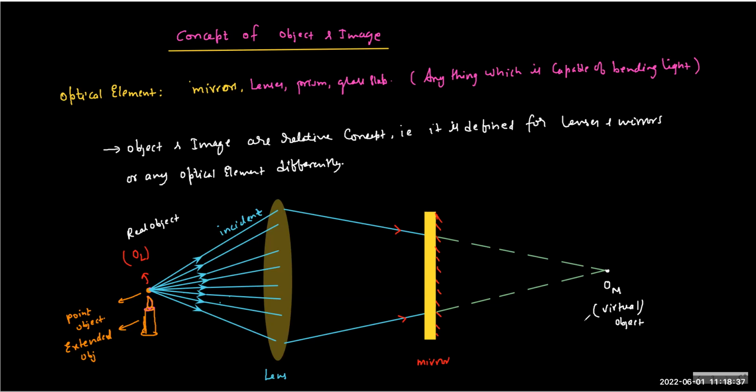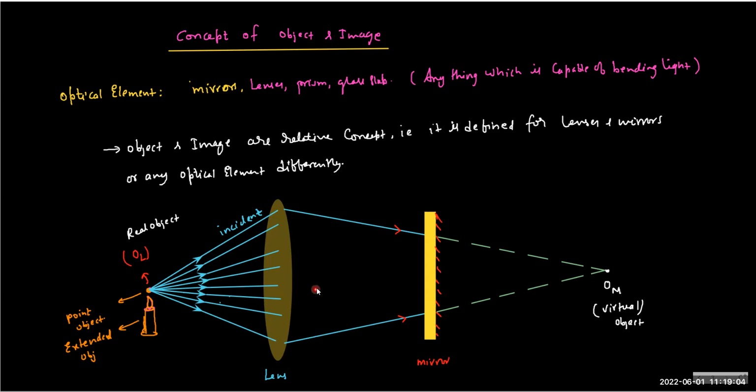Now we'll come to the next part, the refraction or the reflection. The light ray, after passing through the lens, has refracted, correct? You can see. Now, when we talk about the reflected or the refracted rays, we talk about the image.